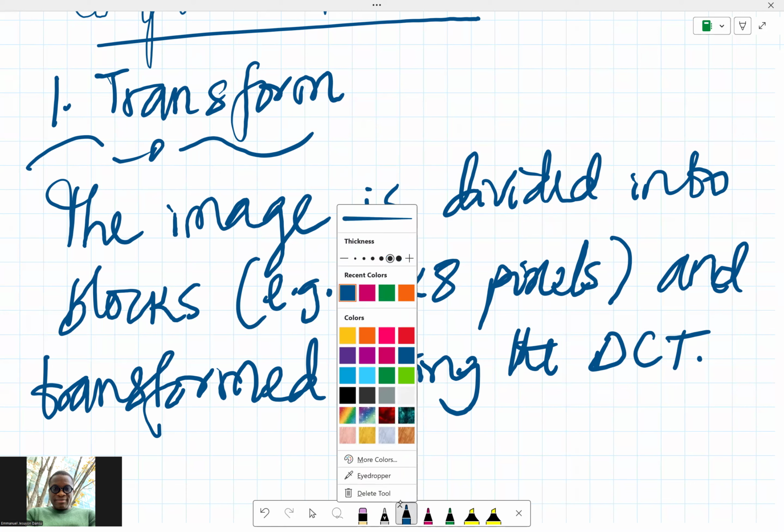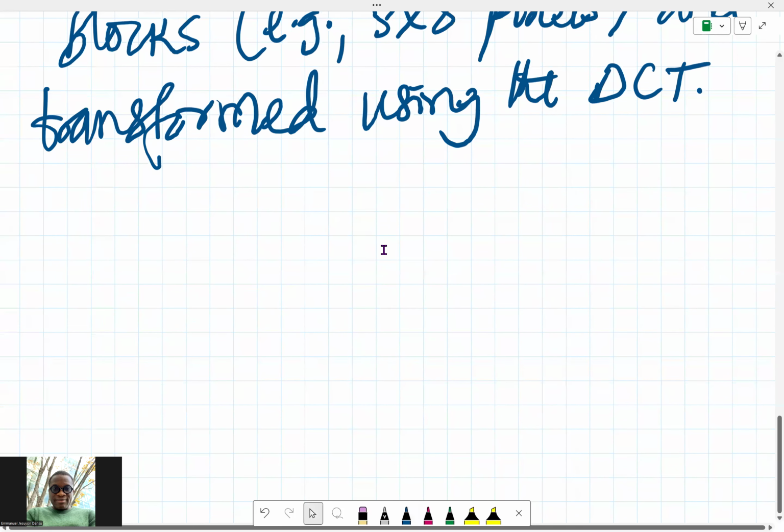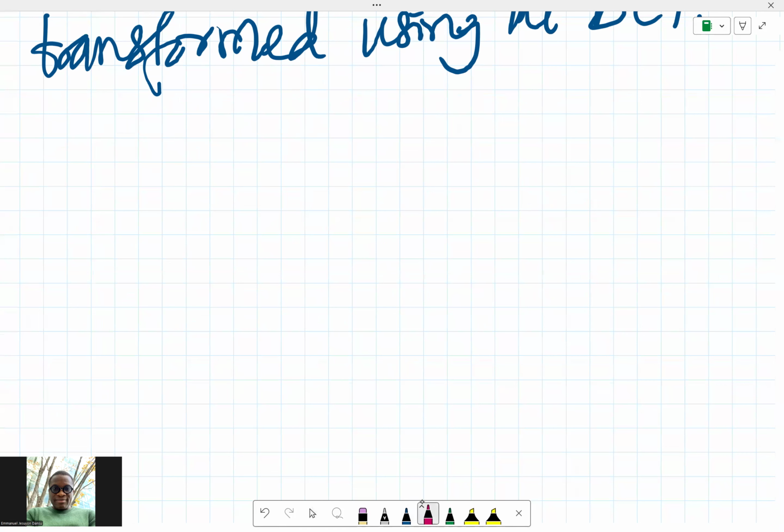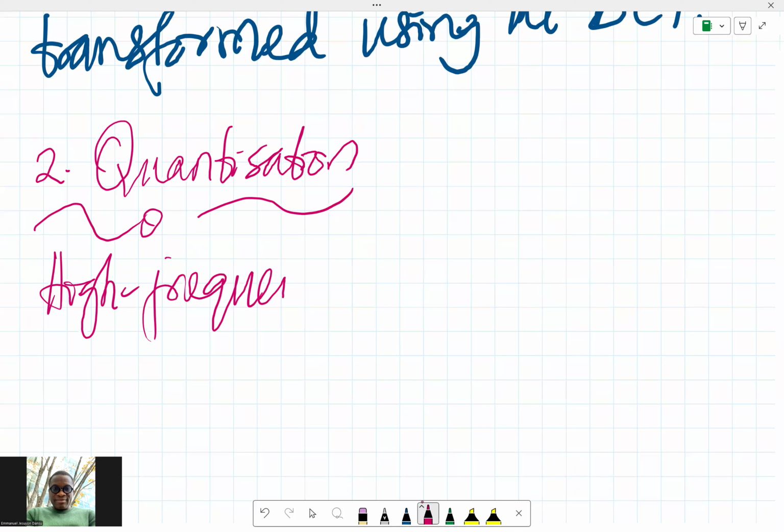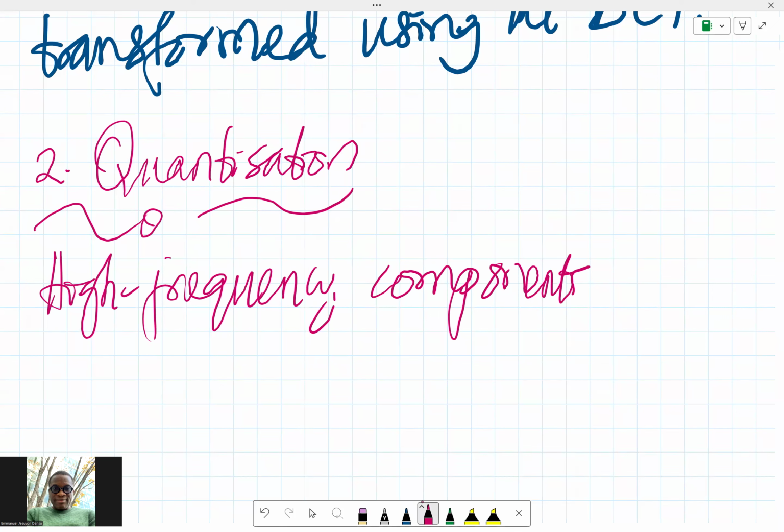Then number two, you have the quantization. After the transformation, you have the quantization. For the quantization part, the high frequency components are quantized.